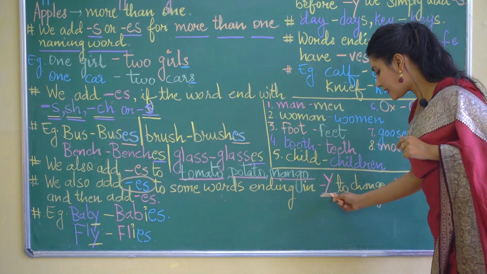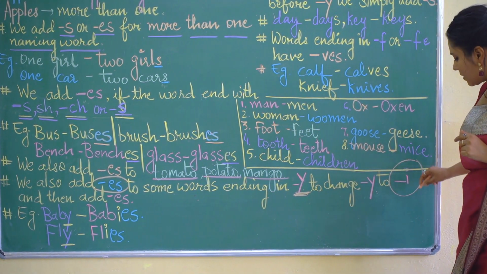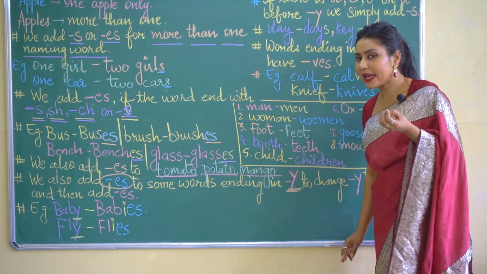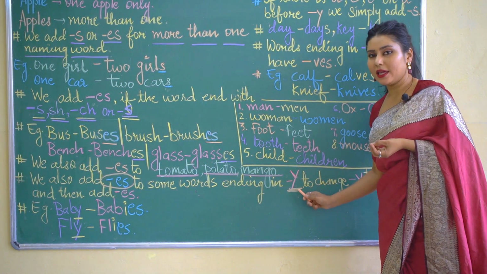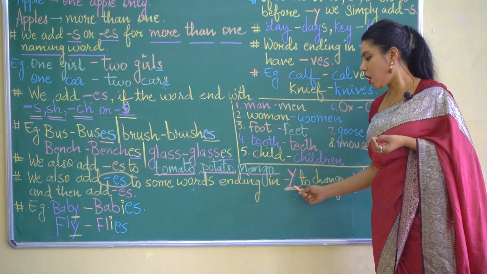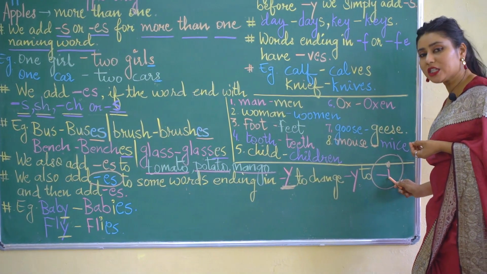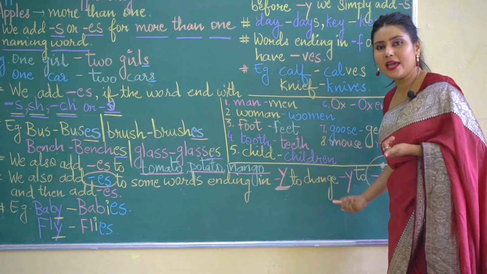But this Y will get converted into I first. You understand? Again, I am telling you, if the last letter of that word is Y, that Y will first get converted into I, and then you will have to add ES at the end of it.